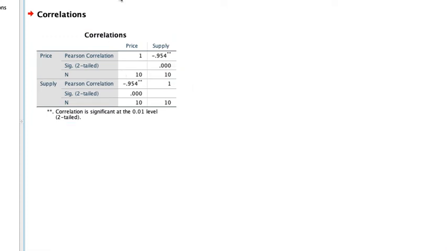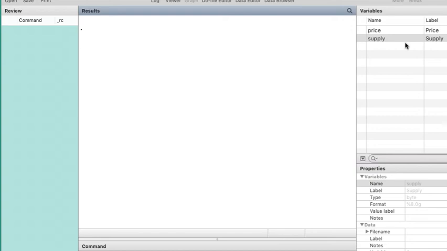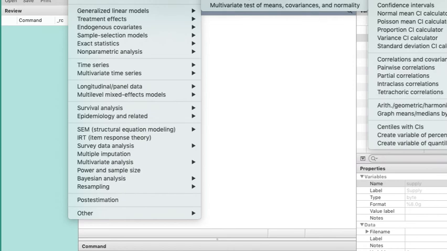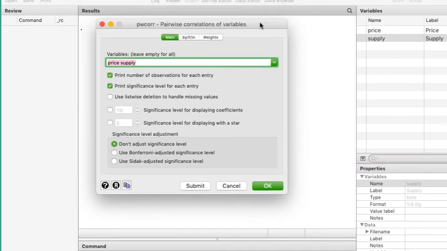Now let us go to Stata. This is our Stata. We are going to find the correlation coefficient between price and supply using this software. We have to go to Statistics. In Statistics, we go to Summaries, tables, and tests, then Summary and descriptive statistics, and then we get Pairwise correlations, and a box will pop up.